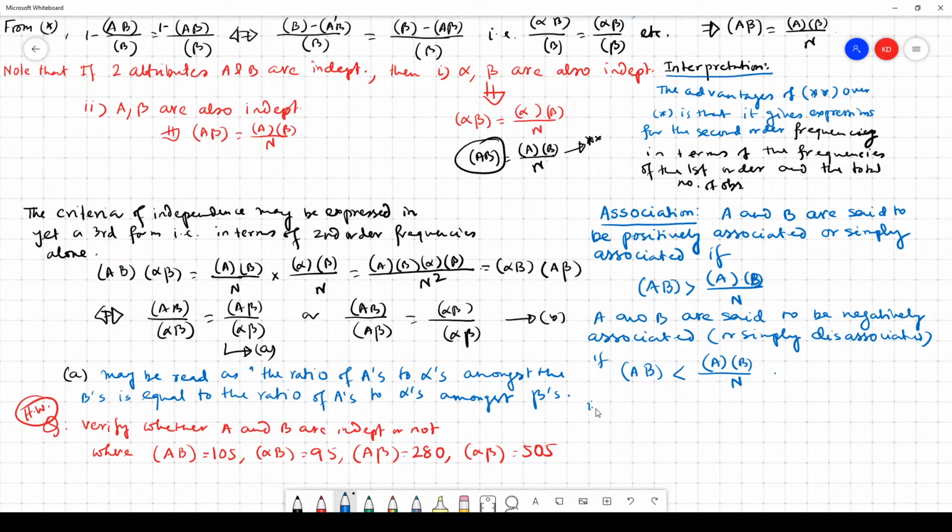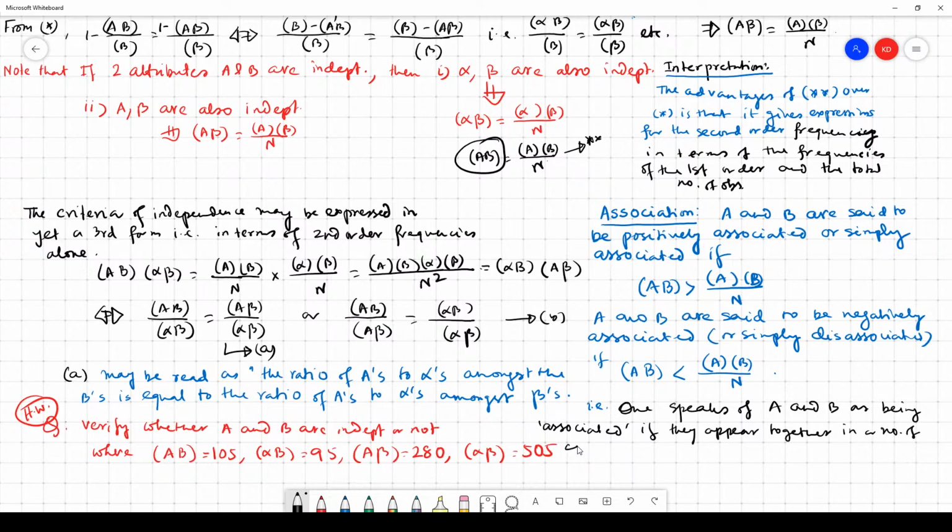That is, one speaks of A and B as being associated if they appear together in a number of cases.